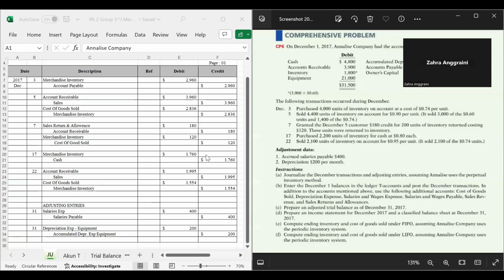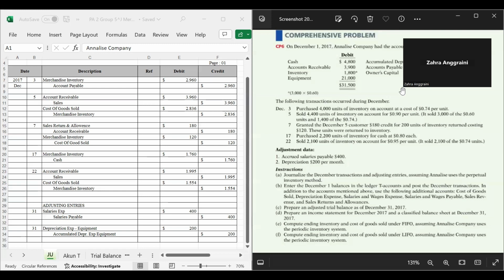The last transaction, on December 22, sold 2,200 units of inventory on account for $0.95 per unit. This is a sales of merchandise transaction and is recorded with the perpetual method.